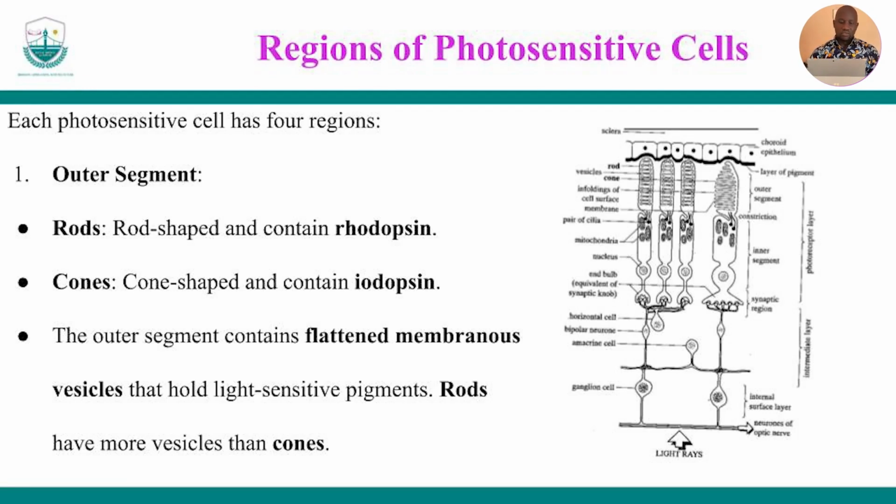This is where you find this photopigment. We can call it light sensitive pigment, or photosensitive pigments, or photopigments basically. So we know what is contained in the rods. We also know what is contained in the cones.